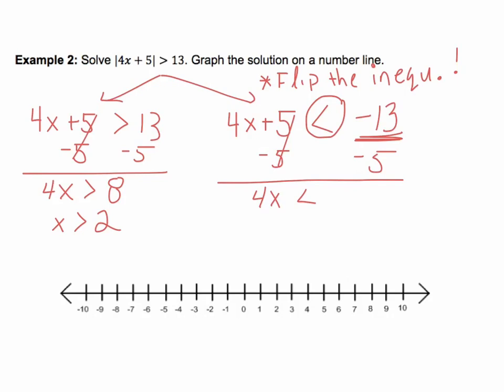I just want to erase this real quick because it looks like a fraction bar and it's bugging me. Okay, there we go. So subtracting our 5 from both sides, I get negative 18. Divide both sides by 4, and I get x is less than negative 9 over 2. But because I'm going to plot this on a number line, I am going to turn it into a decimal.